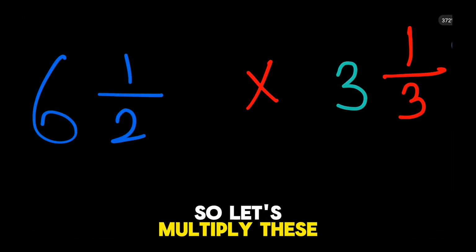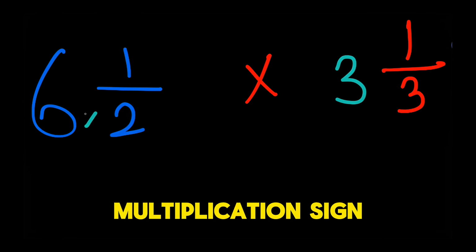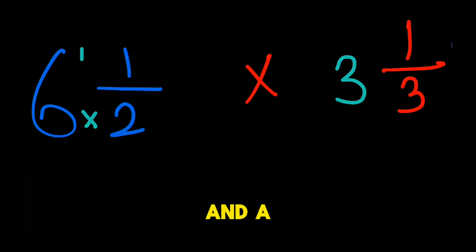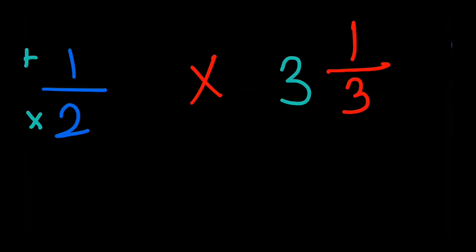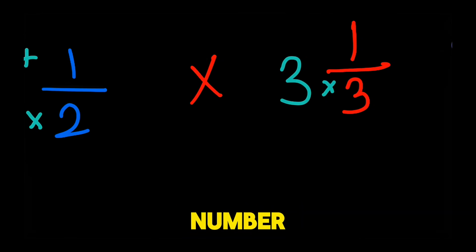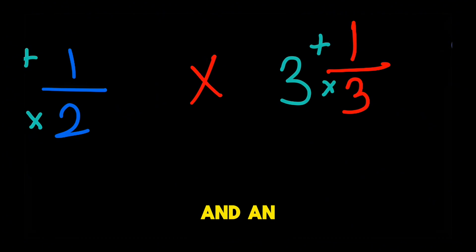So let's multiply these two mixed fractions. We put a multiplication sign between the denominator and the whole number, and a plus sign between the whole number and the numerator.